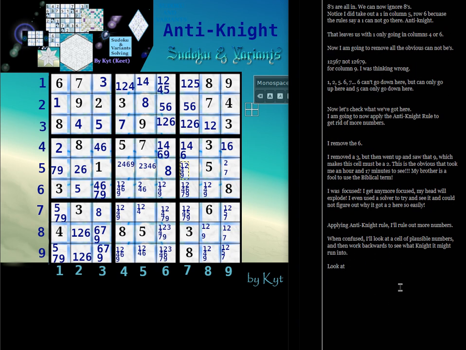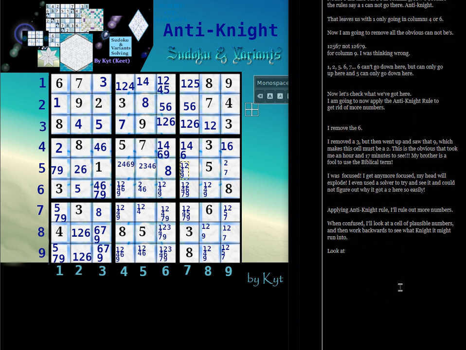Look at row 7, column 4. If I were to move up 2 spots and then over 1, I reach a 1. This means I cannot put a 1 in the spot I started at.